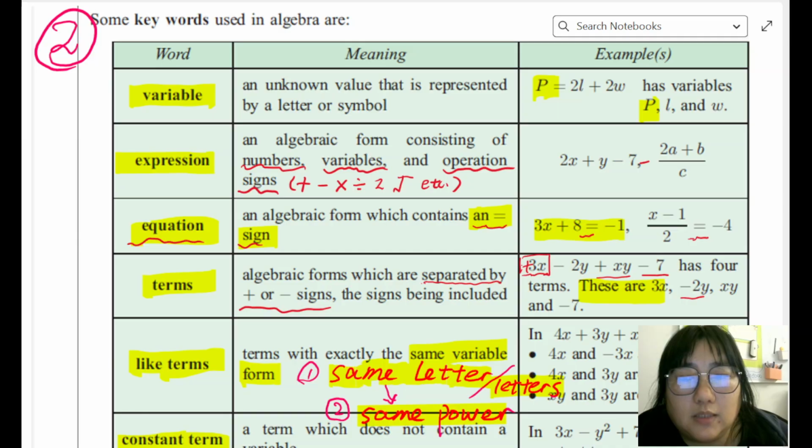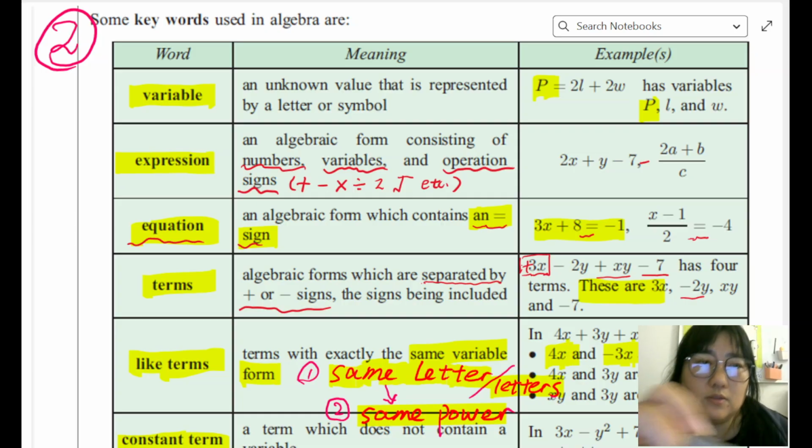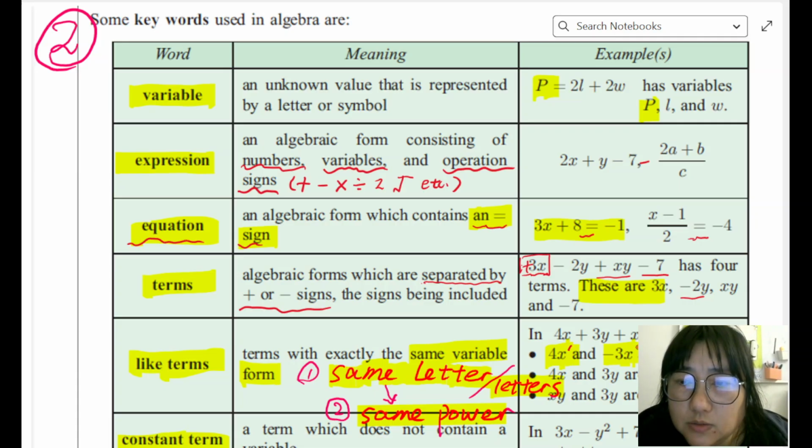That is why for x and negative 3x, we don't need to care what the number in front of the x is. We only care if you have x or other letters, and we also check the power of the x. The power of the x here, there is nothing, so it means we're hiding a 1 here. So x to the power of 1.